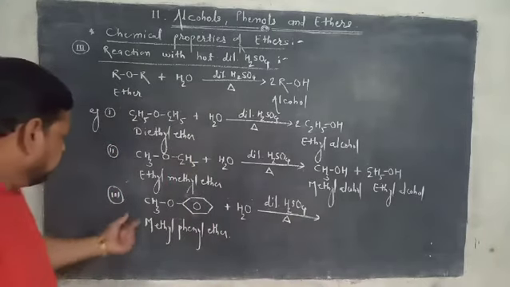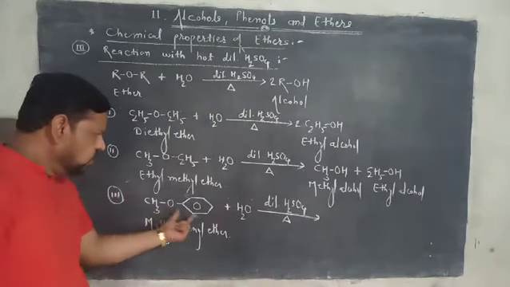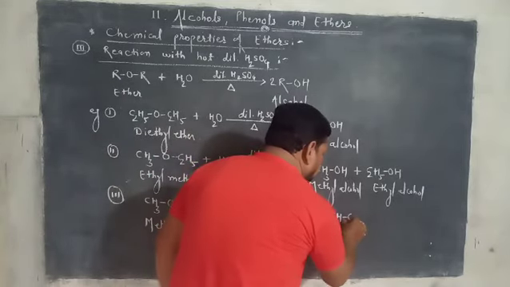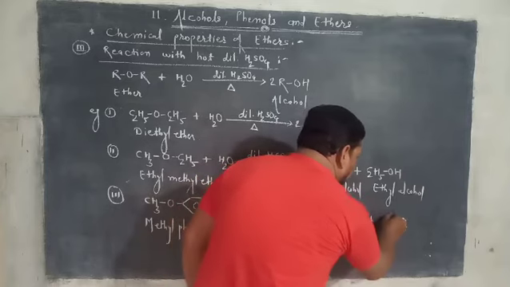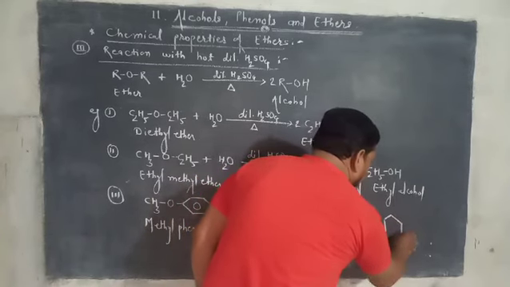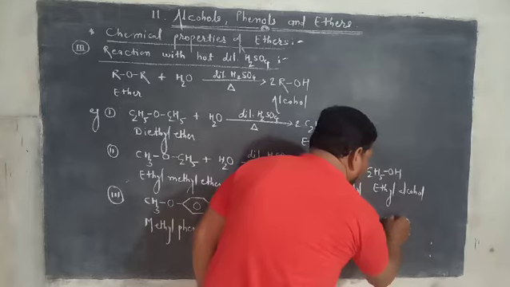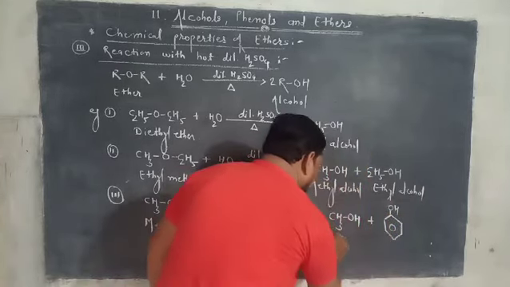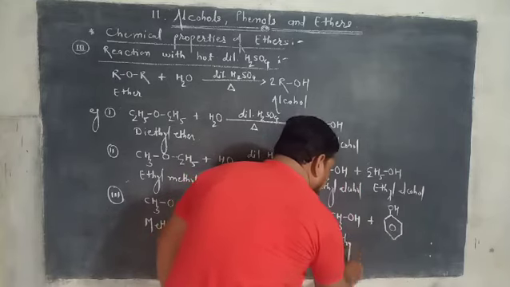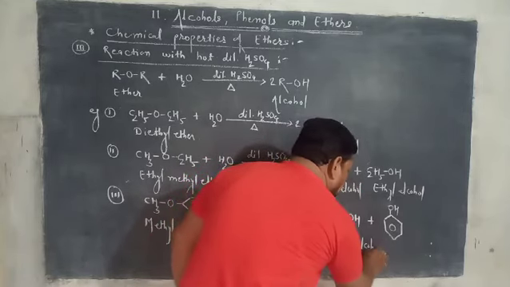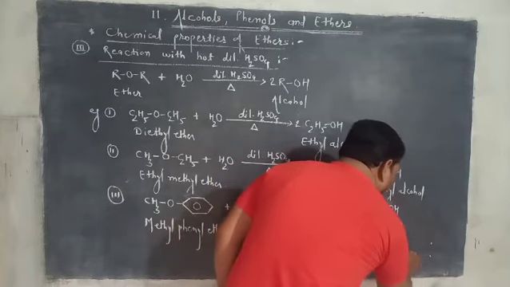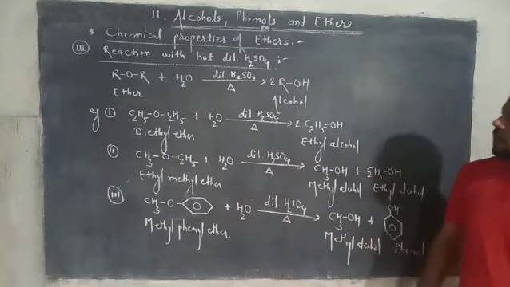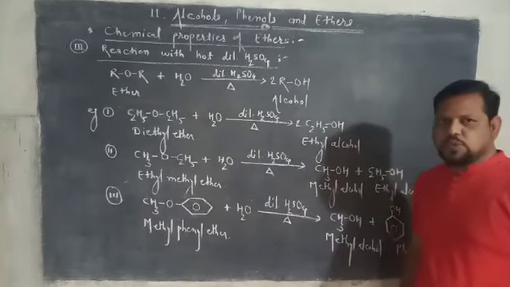Then it gives CH3OH and phenol. CH3OH is methyl alcohol, and the other compound is phenol. These are the examples of reaction with dilute H2SO4.